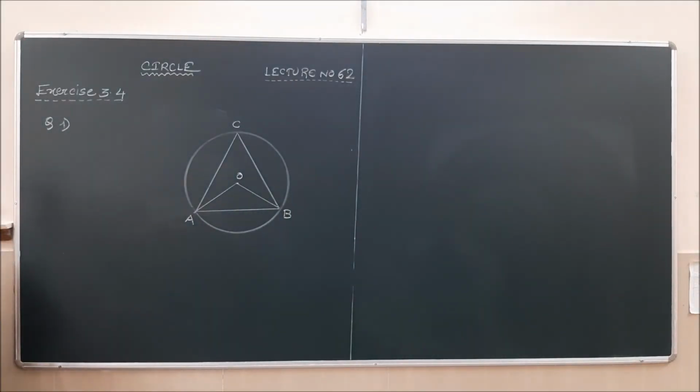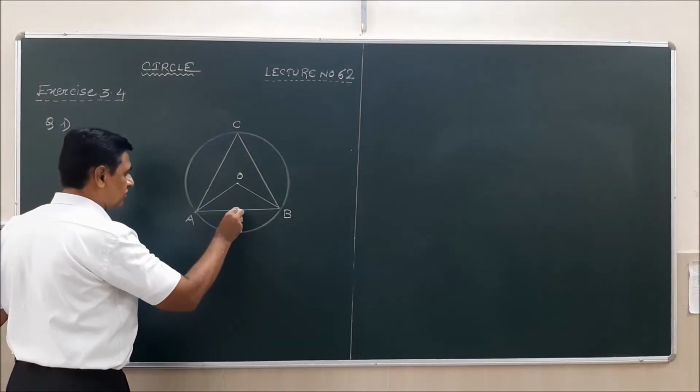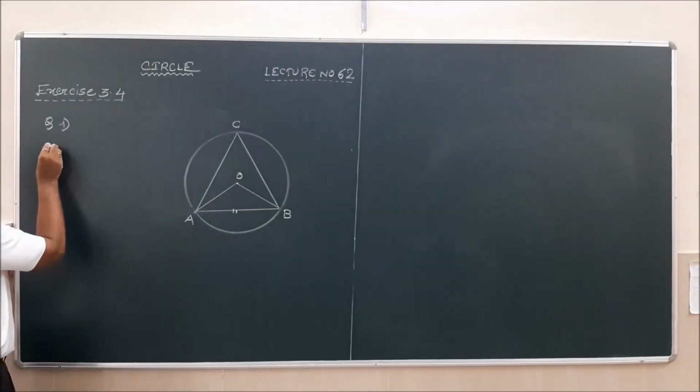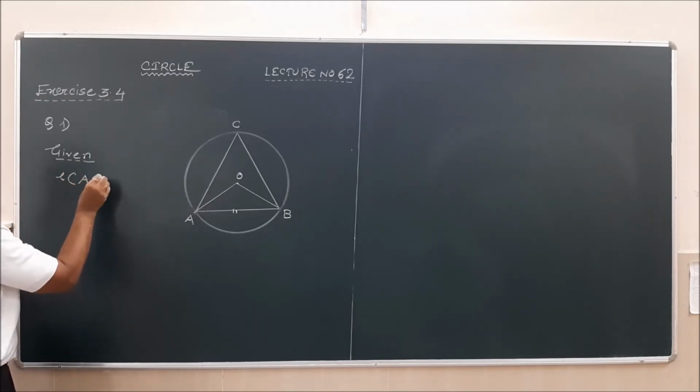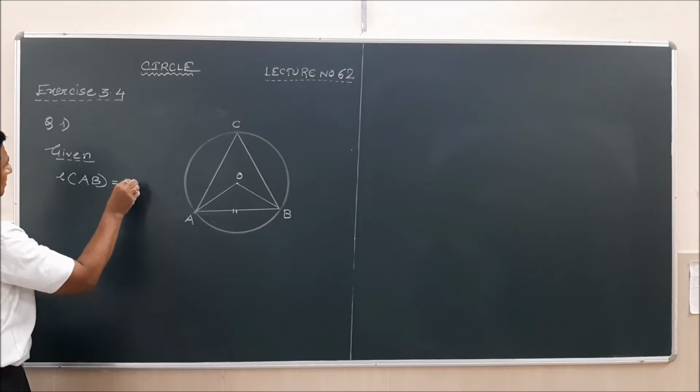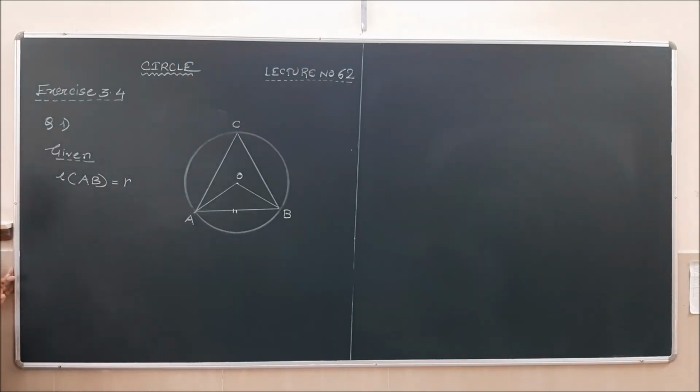In addition to this, it is given that length AB is equal to the radius. That is very important. So given, length AB is equal to radius. And in addition to that, nothing is given.